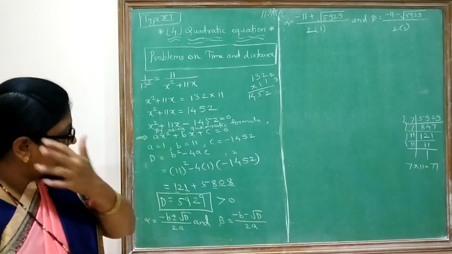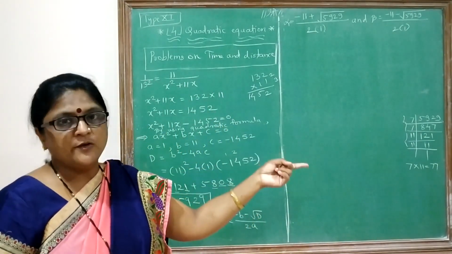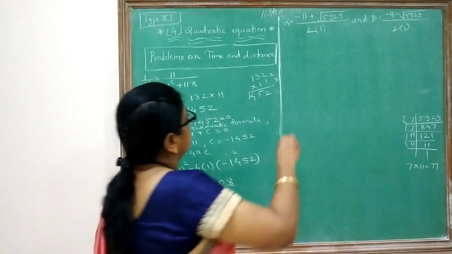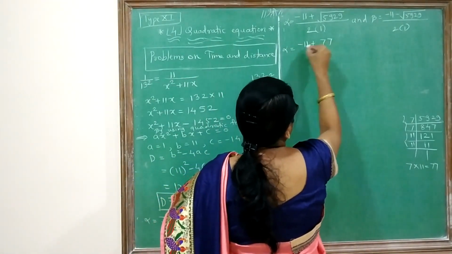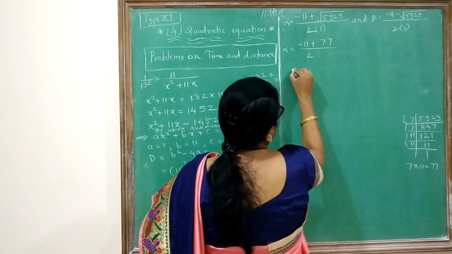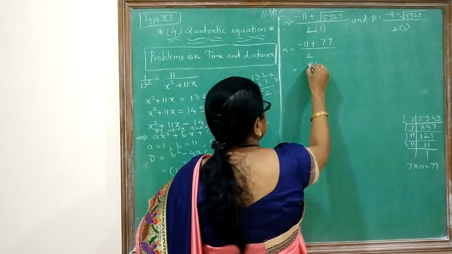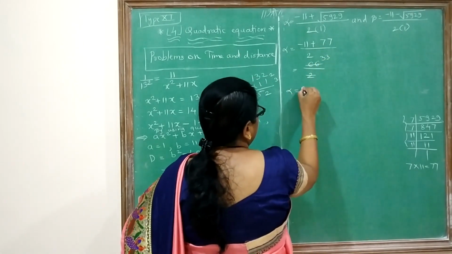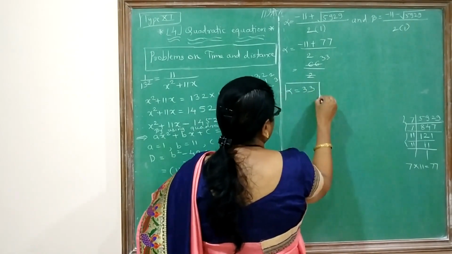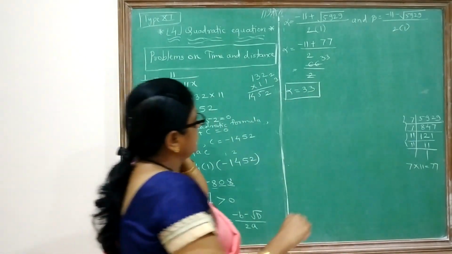Its under root is 77 because 77 square is 5929. Then you will write directly minus 11 plus 77 divided by 2. Here 77 minus 11 is 66, divided by 2, 2 33s are 66, so your value is alpha equal to 33.